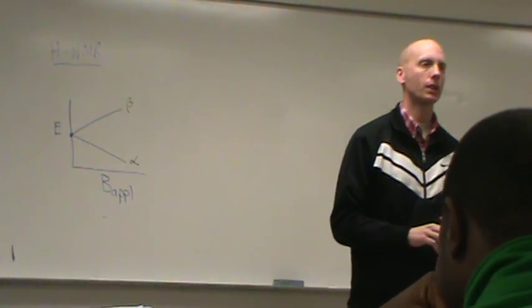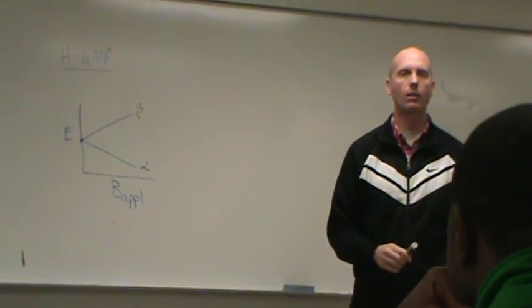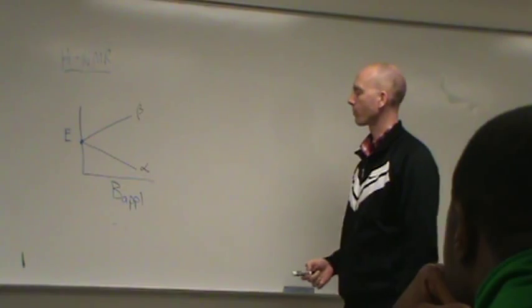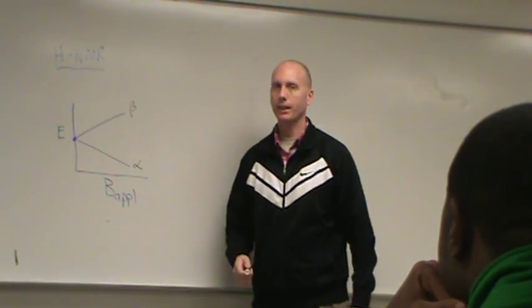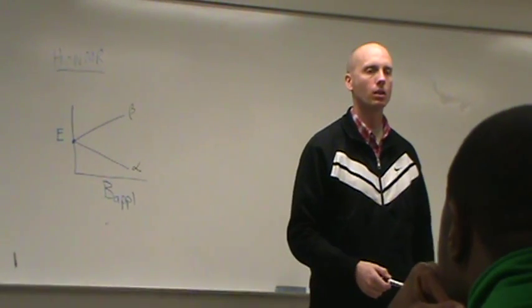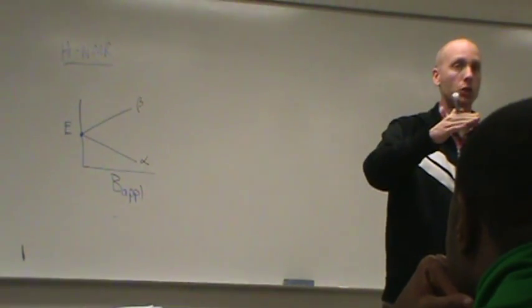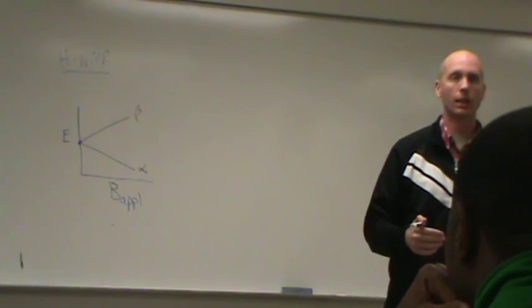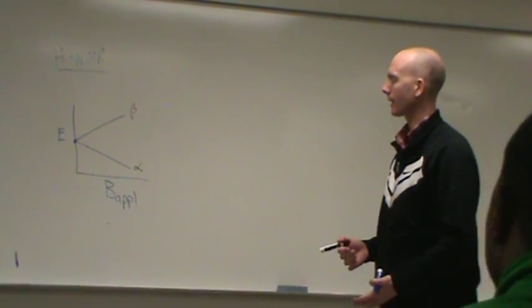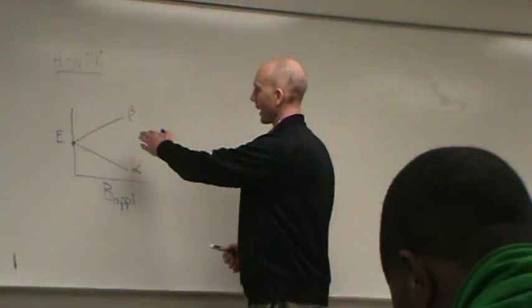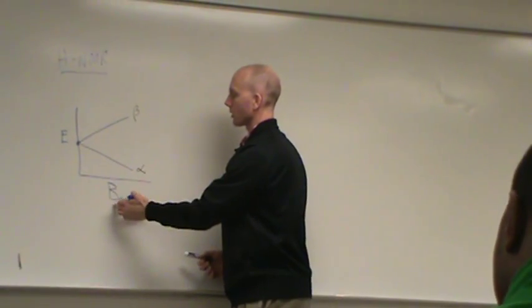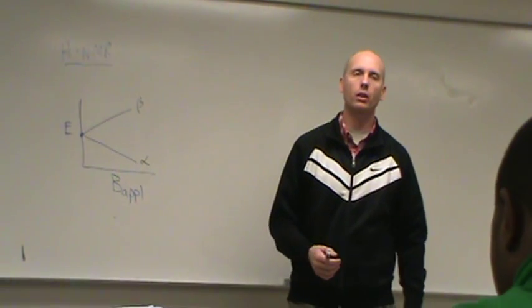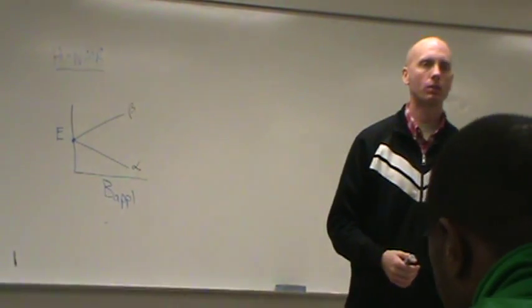Anybody see something that's sticking out? What happens when you apply a larger magnetic field? You get more separation of spin states, don't you? So make sure you write that down. The energy difference between the spin states increases with larger magnetic field.